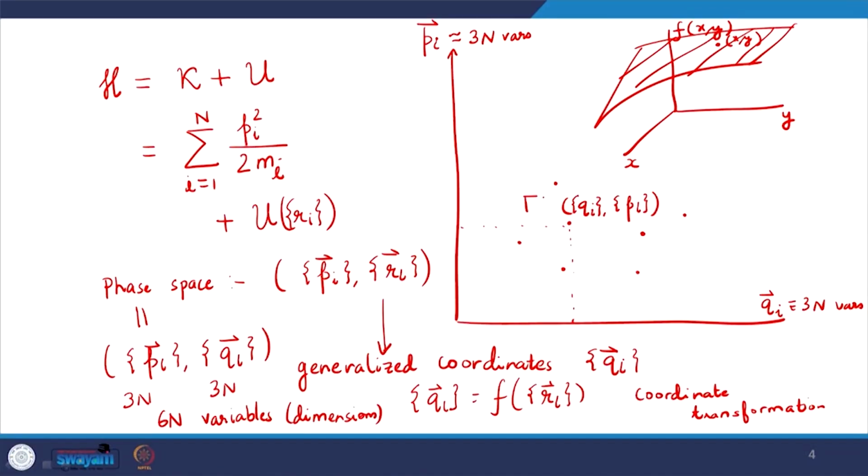This point is what I would represent as gamma, and I would call it a phase point. Therefore, a phase space is a space of these phase points, where every point is a set of generalized coordinates and a set of momentum values, right.